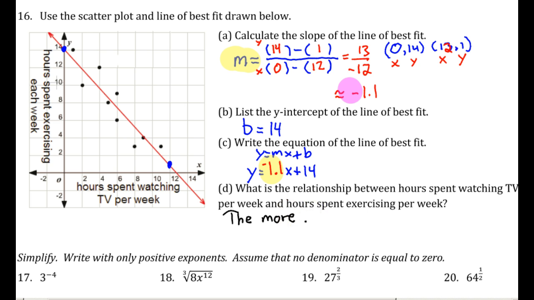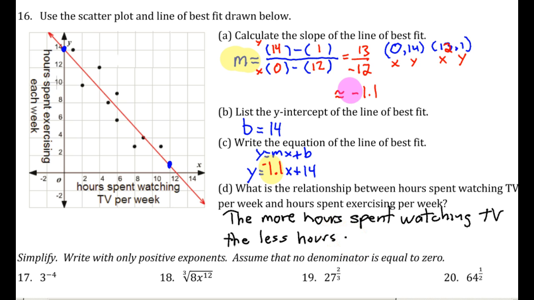Something like this: the more hours spent watching TV, the fewer hours are spent working out. Something like that. Which makes sense. Unless you're watching a workout video, you're probably not working out while you're sitting there watching TV. Okay. Not too bad.